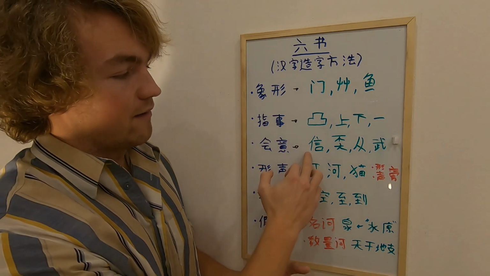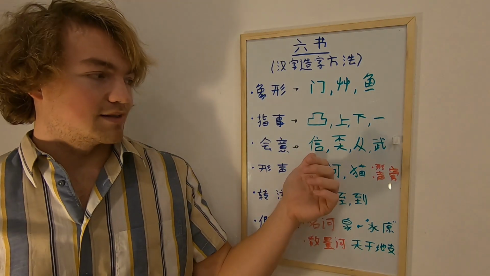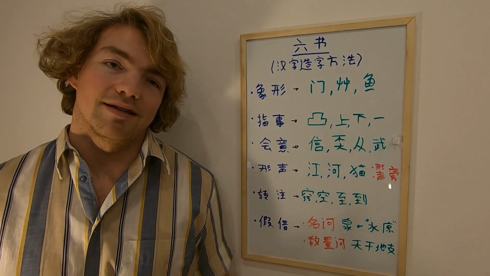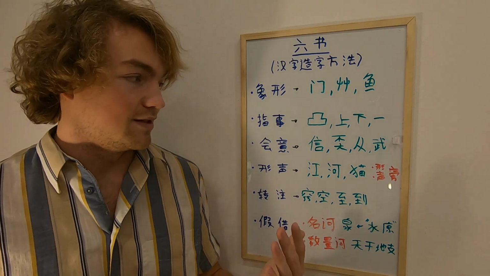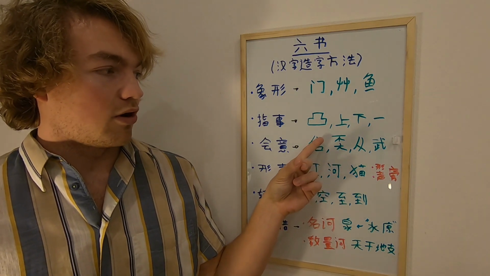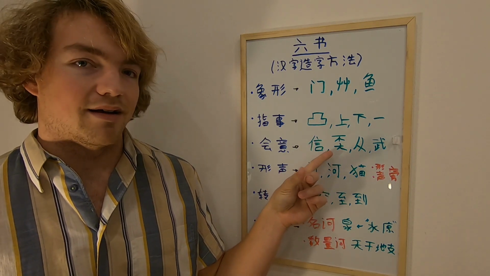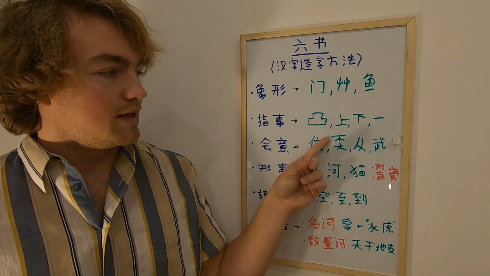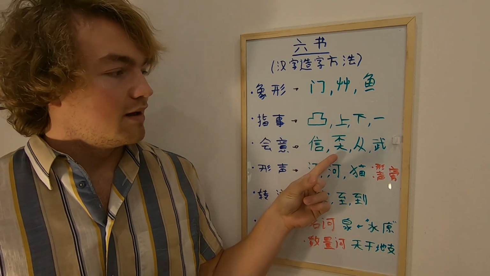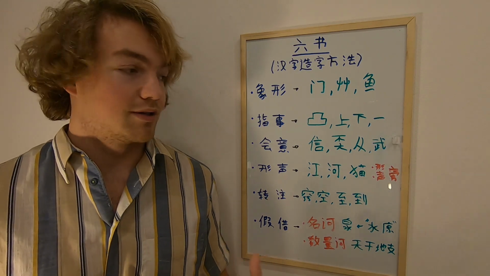So it's a speech from a person, which is then xin, basically a letter or a message. And in this one you have on the top bu, and down you have da. So this is negating something, so it means not, and da is big, so it's not big.